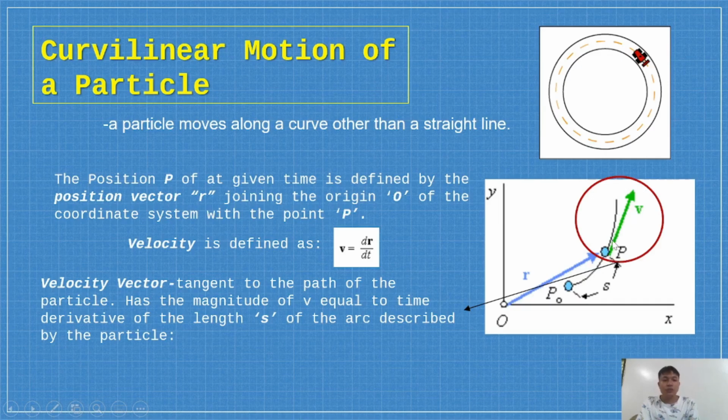It has a magnitude v equal to the time derivative of the length s of the arc described by the particle. So we can say that v is equal to ds over dt, the derivative of the length.